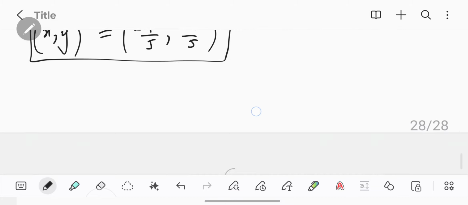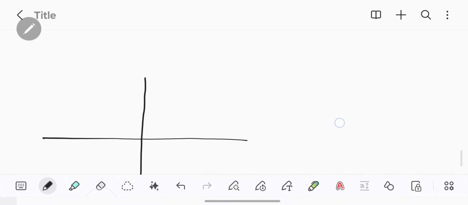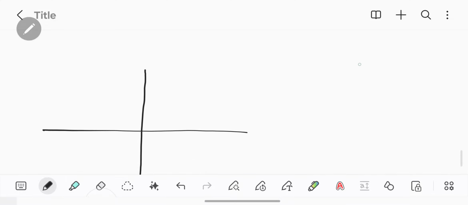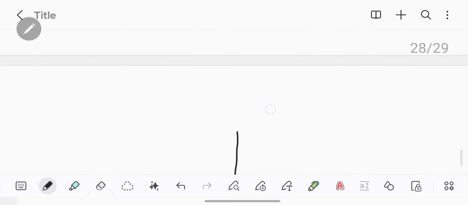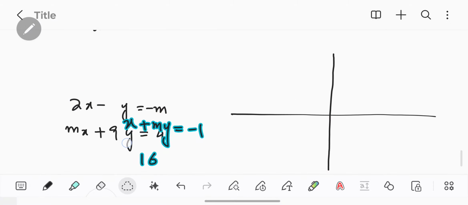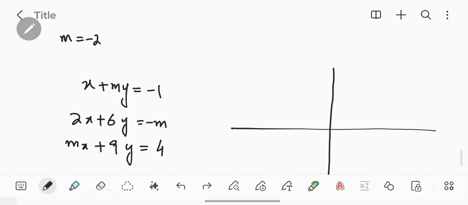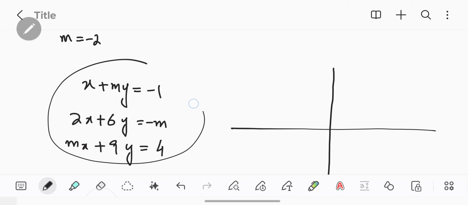Okay, let's look at the graph. So we have three different cases, so we will make three different graphs. First I will make the graph for m is equal to minus 2. Since you have three different equations, what you will do, you will put m is equal to minus 2 in all of these equations.